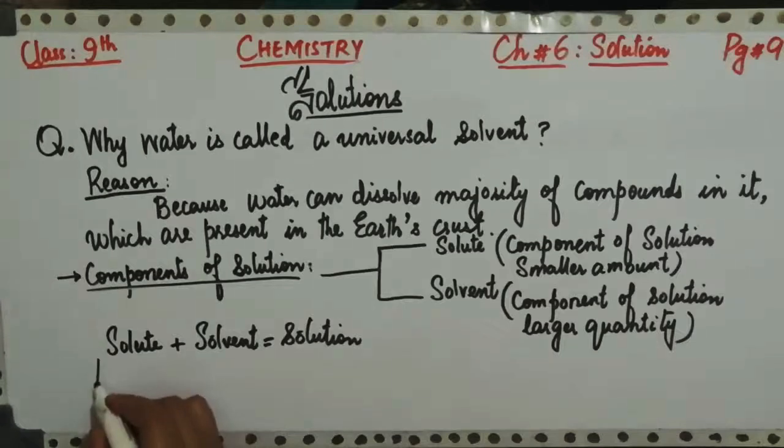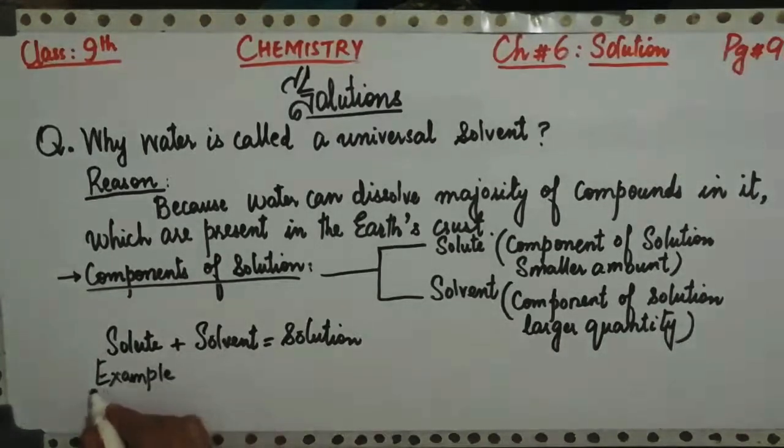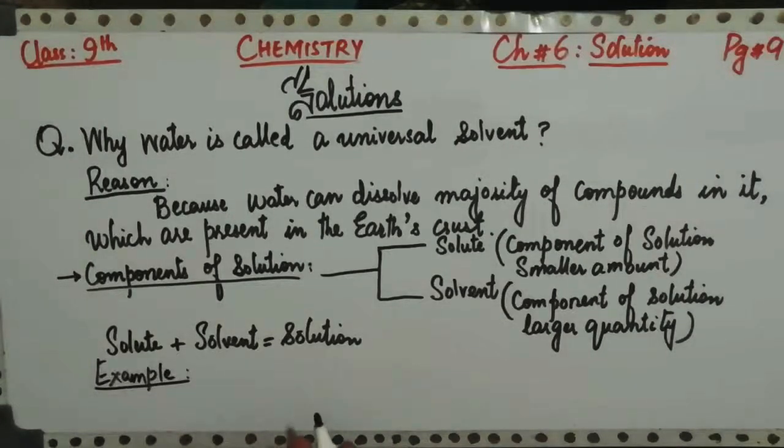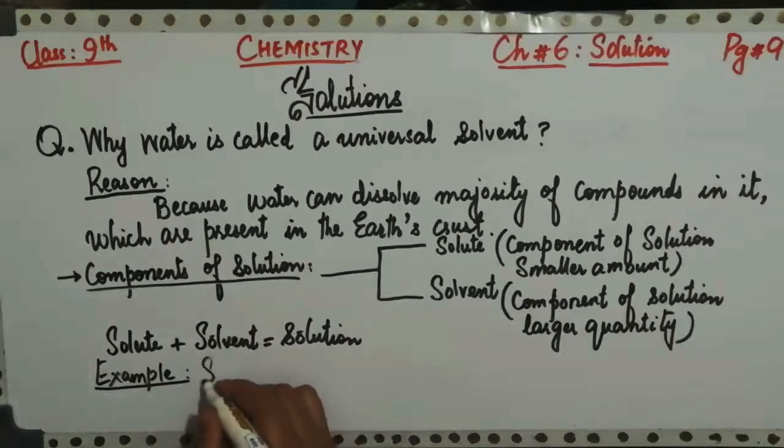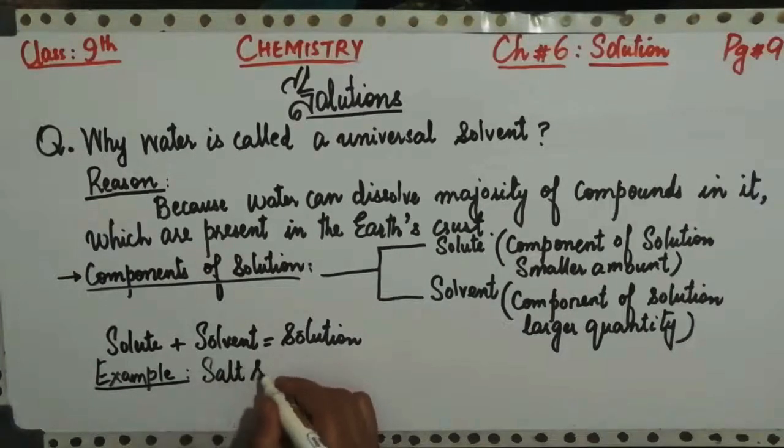For this purpose you are going to give an example. Example for solute and solvent can be like, salt solution can be made by dissolving salt in water. So in salt solution, salt is the solute and the water is solvent. So one of the most common examples, salt solution.